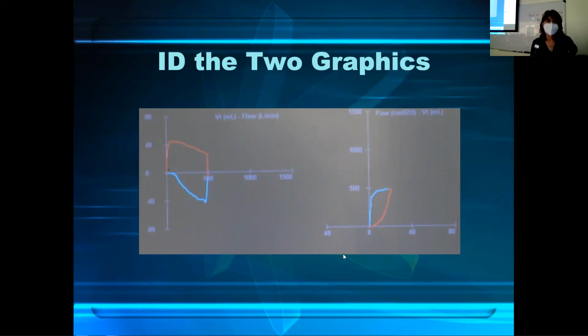Okay, and now identify the graphic on the right. That's the pressure volume curve or hysteresis curve. Very good. What part is red? Is that the inspiration or the exhalation? Inspiration. And then the blue is exhalation. Very good. How much pressure built up as the air was going in?